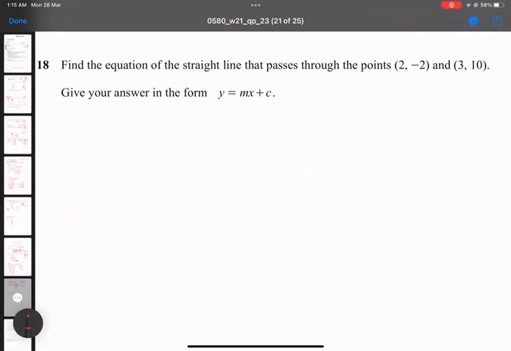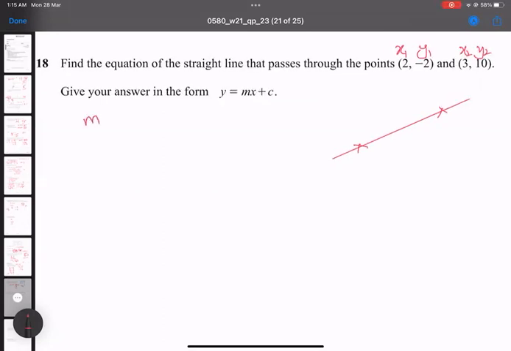In question number 14, the question is asking for the equation of a straight line. The equation of the straight line passes through these 2 points. So if I have a straight line, we have 2 points lying on it. The best technique is to label them x1, y1, x2, y2. Any order you can label it.